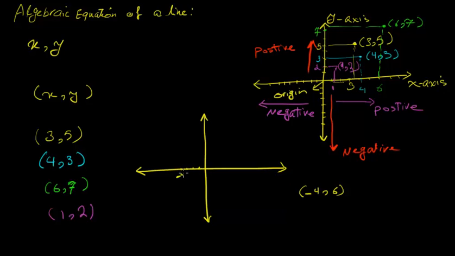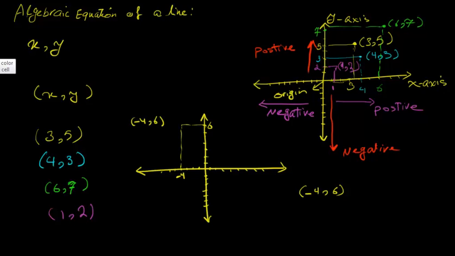This is -4. But 6 is positive, so for the y-axis we need to go up. 1, 2, 3, 4, 5, 6. Now we can locate our point, and it's -4 and 6.